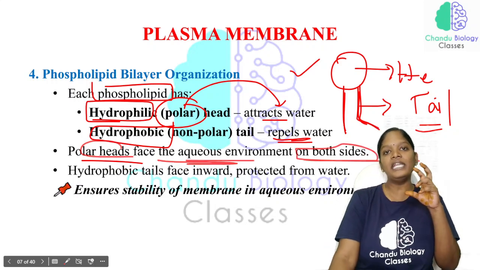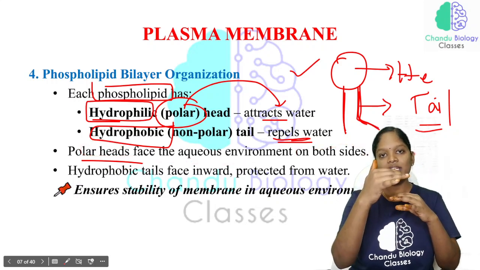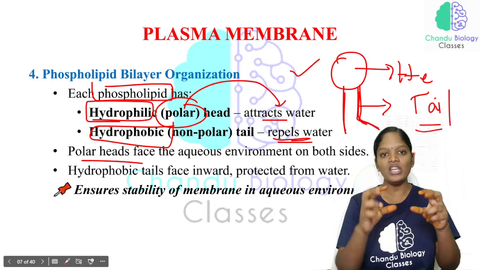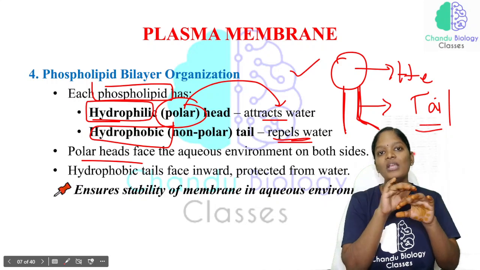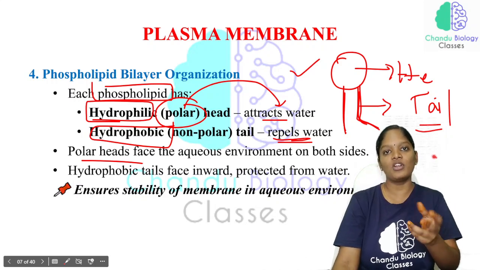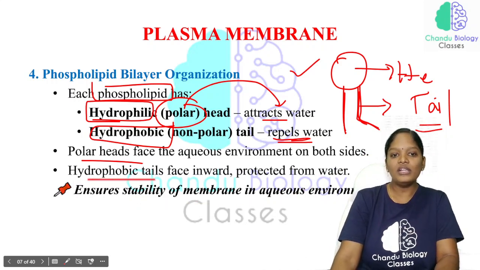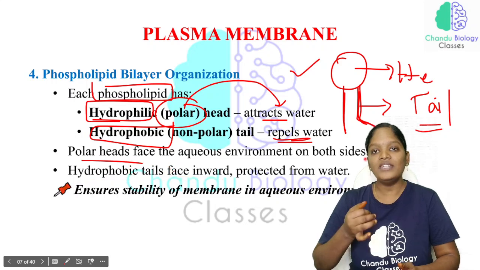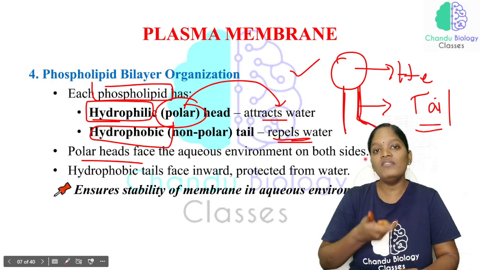We have studied the lipid bilayer. On the upper side we can see the head region, and on the lower side also the head region, and both heads face the aqueous environment on both sides. And the hydrophobic tails face inward. This is very, very important. The question may be asked whether the hydrophobic tails face inwards or outwards.